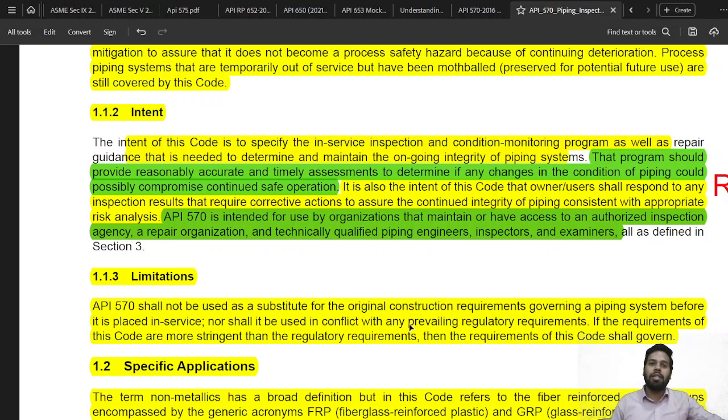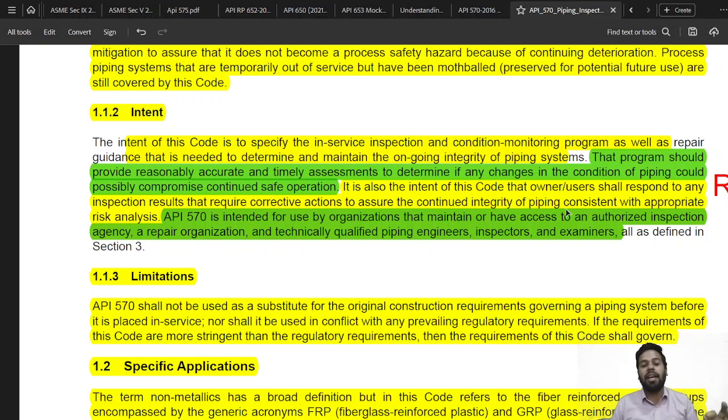When the repair organization comes, they run their analysis and give some recommendations for repair. To act on these recommendations is the duty of the owner or user of that piping system. Okay. So it is the intent of this code that the owner-user shall be responsible for any inspection result that requires corrective action to assure the continued integrity of the piping consistent with the appropriate risk analysis.